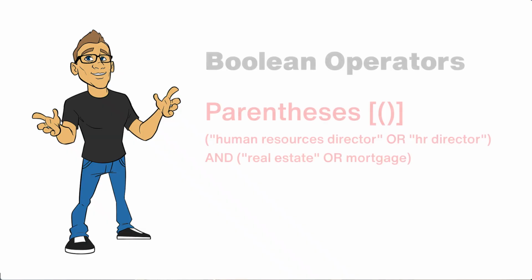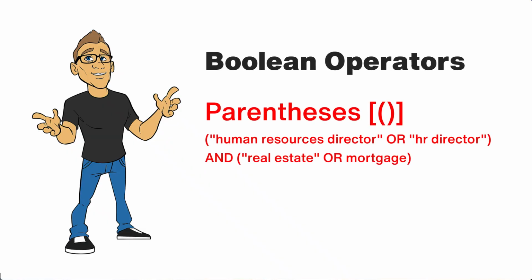For example, job titles separated by "or," and industries separated by "or," and maybe with an "and" in between. So what we're doing is we're combining multiple Boolean operators, and we're using parentheses to help the search engine, whether that's LinkedIn or some other search engine, better understand what it is that we're looking for.